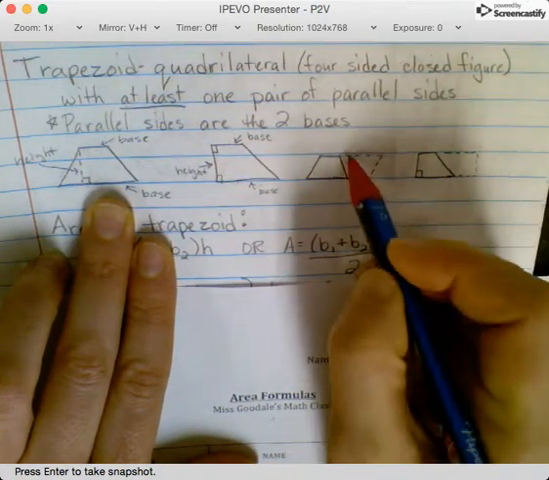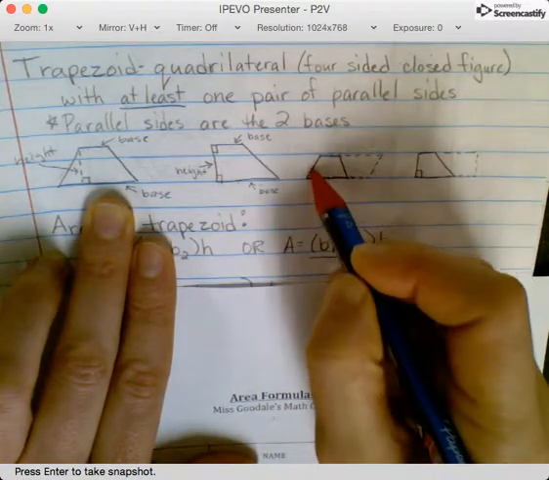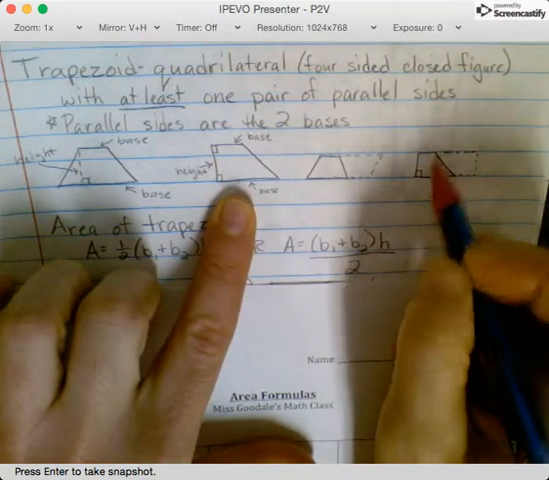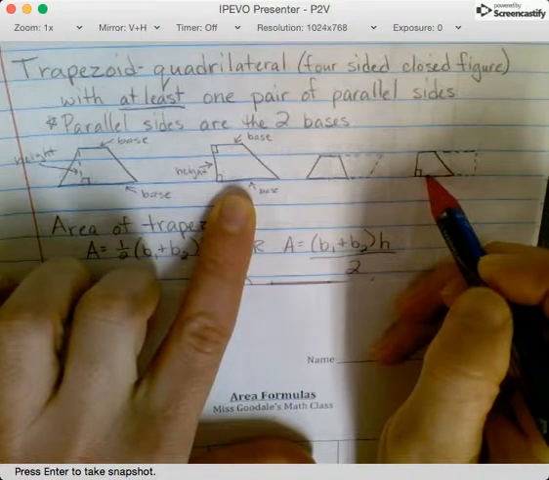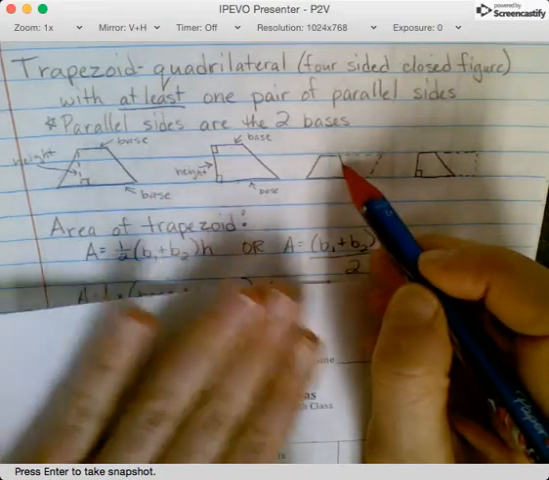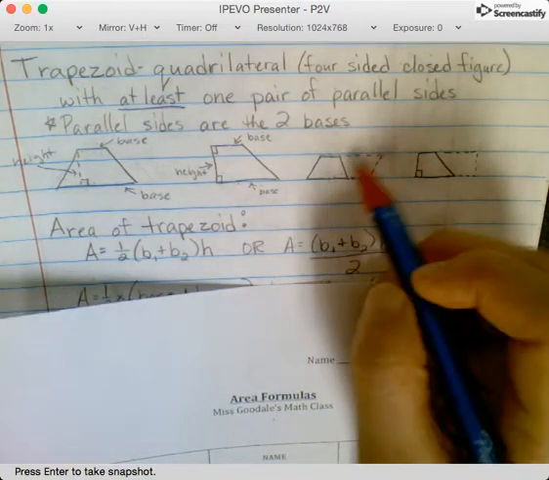So then we would have a parallel side, a parallel side, a parallel side, and a parallel side here. Same thing here. I would end up with a rectangle if I stacked the second one on top of itself. So that's the start of how this works.